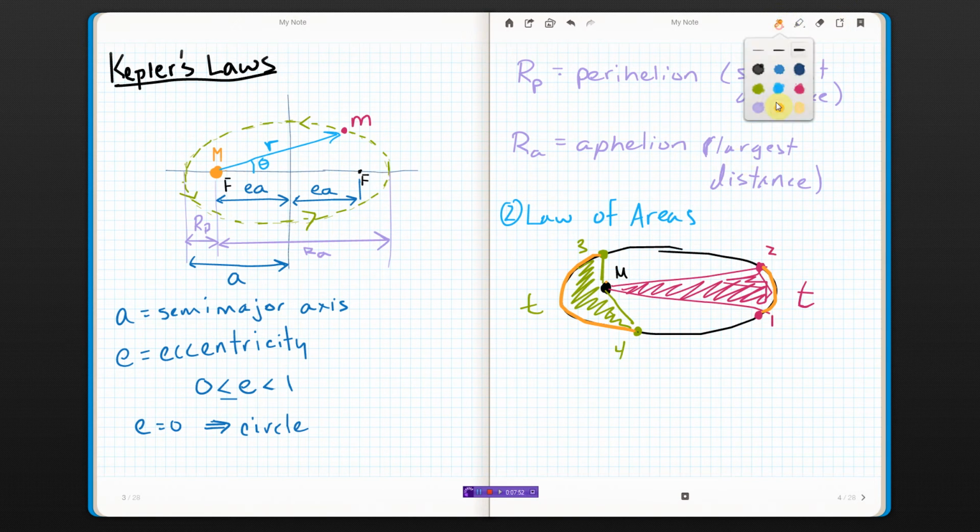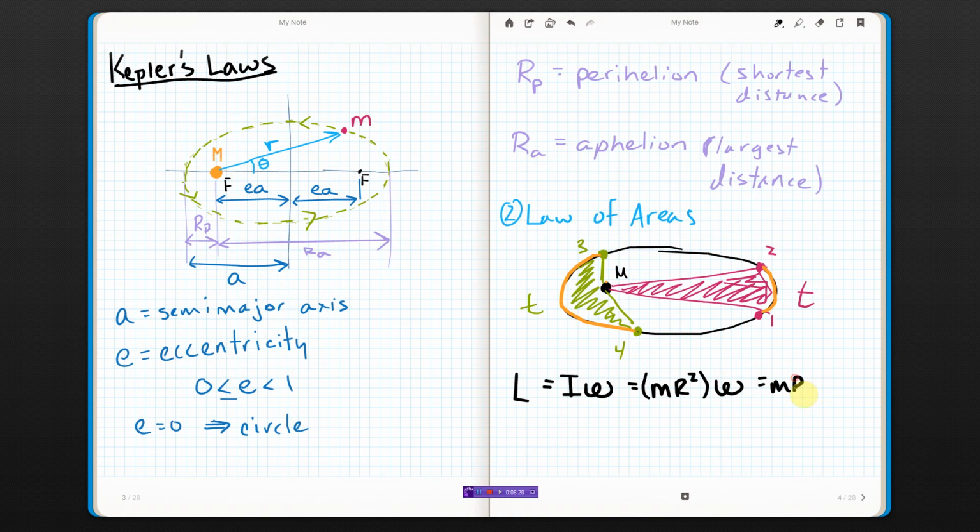If you think about this, remember that the angular momentum of a particle, and that's what we're looking at here with m, is basically I omega for anything. I for a particle is mr squared, and I still got my omega. Omega I can put as v over r, so mr squared v over r.